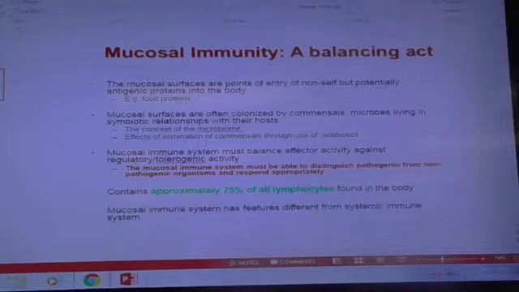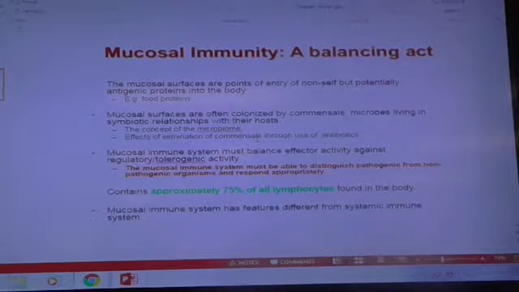And the concept of the microbiome is becoming very important. We now know that these commensal good bacteria are very essential, not only for protecting by competitive exclusion, but also for developing a good immune system.